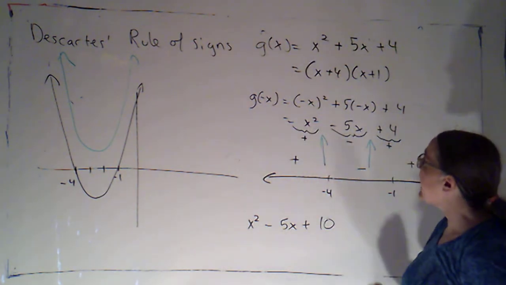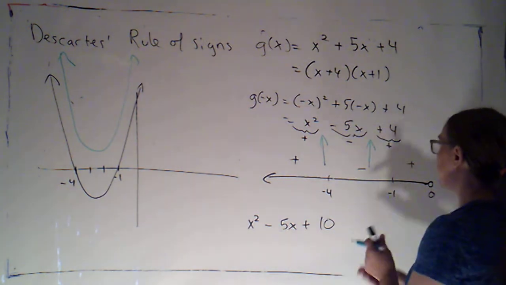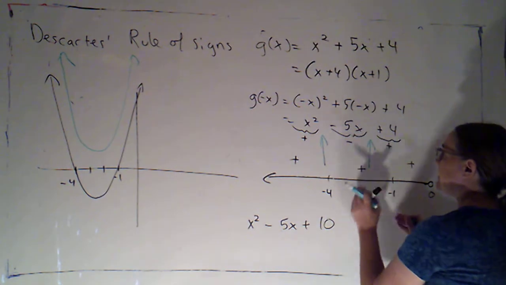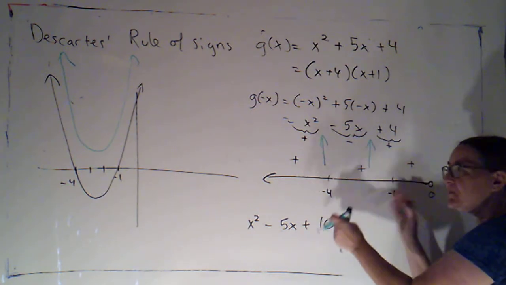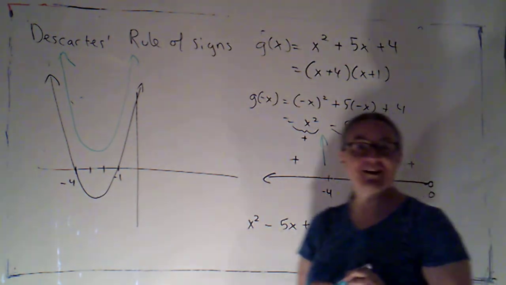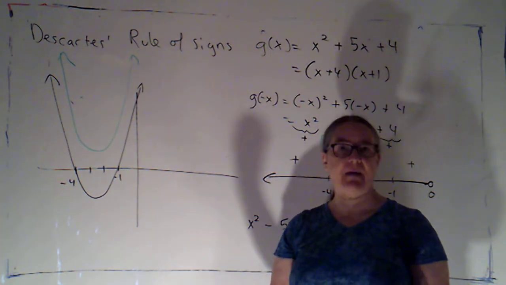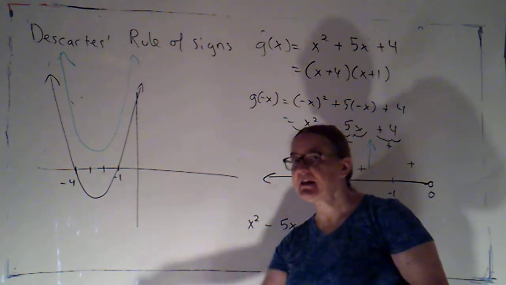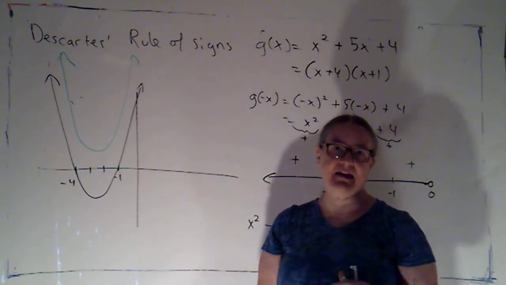And so if that happens, if this piece doesn't have an interval where it's in control so that we're always positive, we lose those 2 sign changes. So the maximum number of negative zeros we could have with 2 sign changes is 2. If we don't have that many, we always lose them in pairs, because we lose the change from positive to negative and the change back from negative to positive.